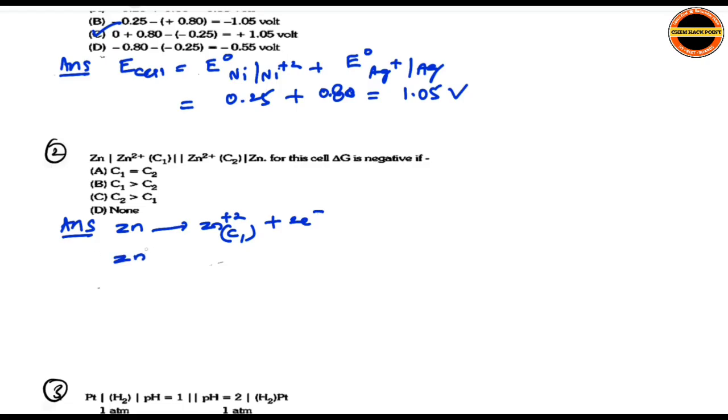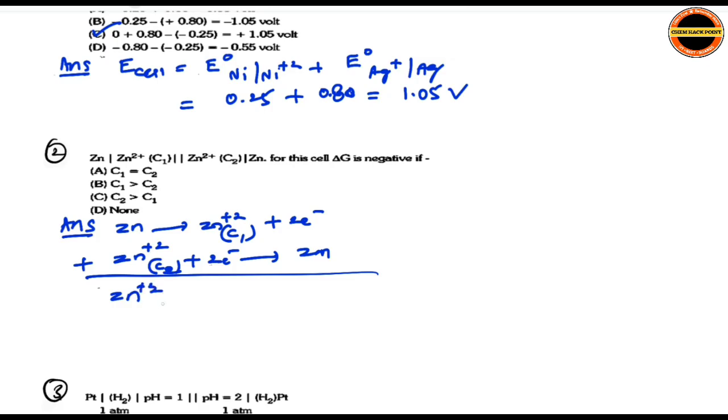In the other equation, Zn2+ (C2 concentration) plus 2 electrons gaining forms zinc. In the net equation, solids are not specified, only the aqueous forms are mentioned, so here it gives Zn2+ (C2) going to Zn2+ (C1).